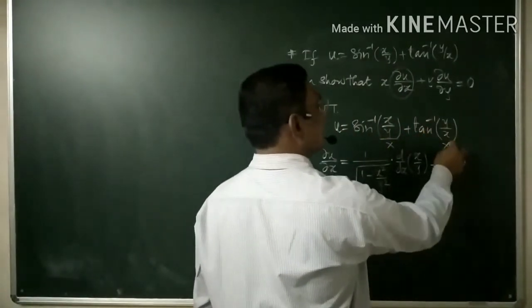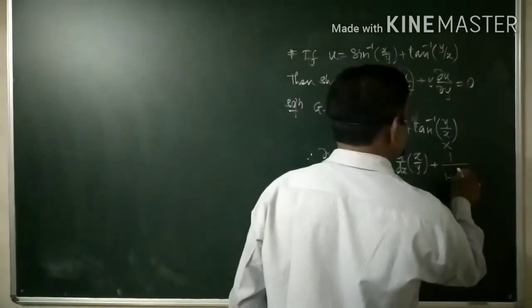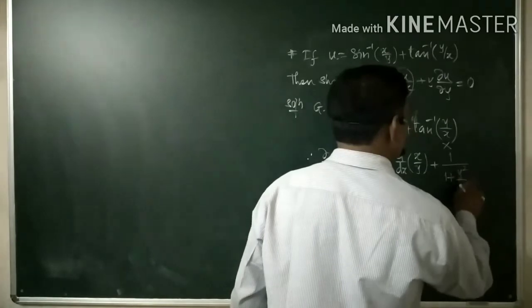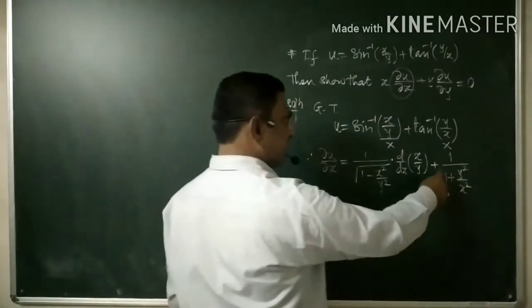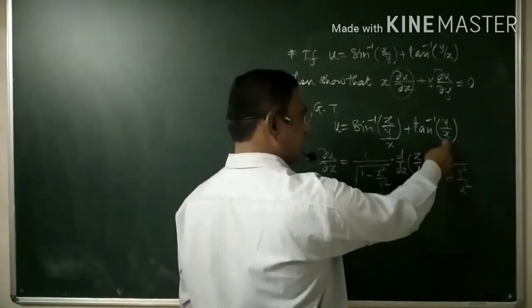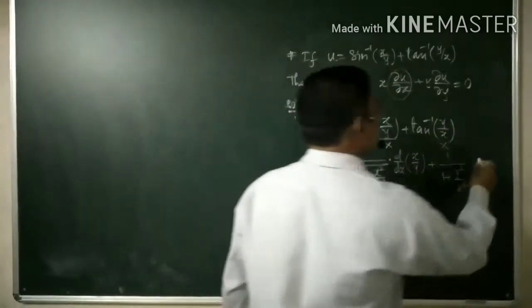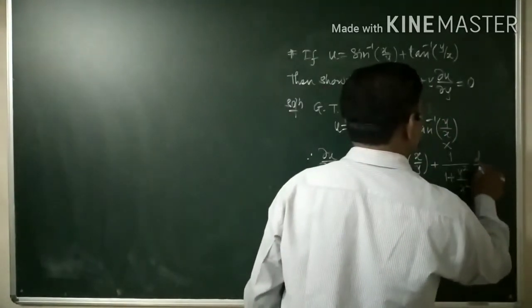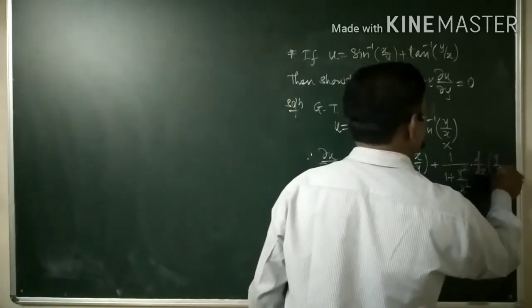Here x is y upon x, hence y square upon x square. But this is only the derivative of tan inverse of capital X, and capital X involves both x and y. Therefore, we write here into d by dx of y upon x.